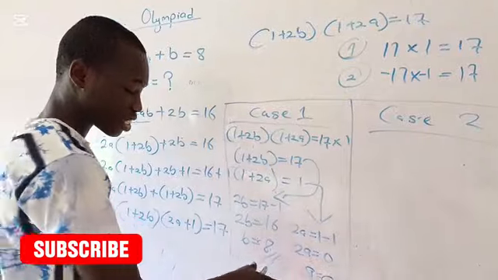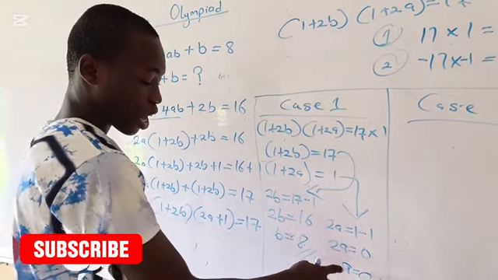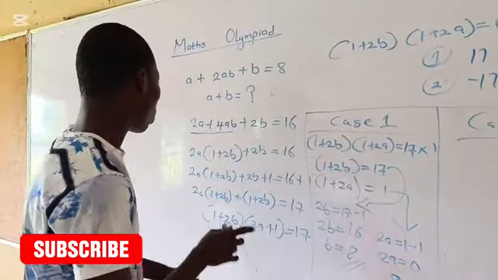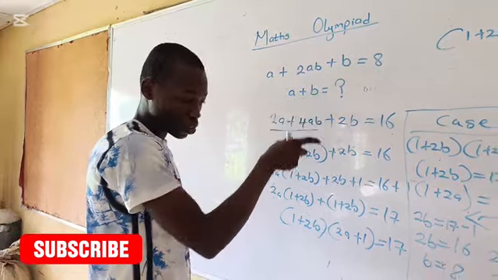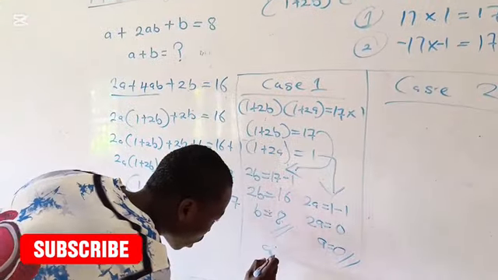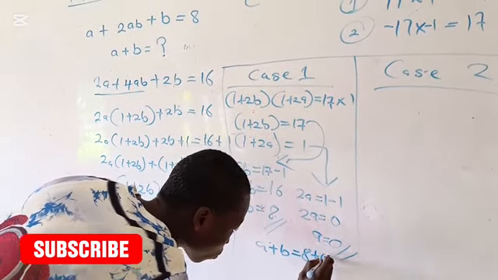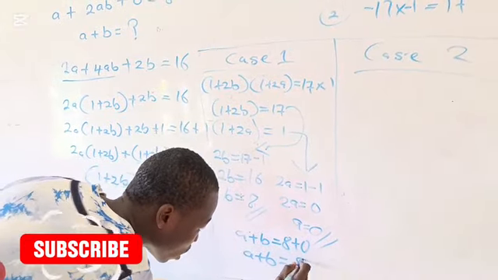You are still going to get the same values, but b is going to be 0 and a is going to be 8. But that is not the case, because what we have to look for here is the addition of both. Therefore, a plus b is 8 plus 0, and the value of a plus b is therefore equal to 8.